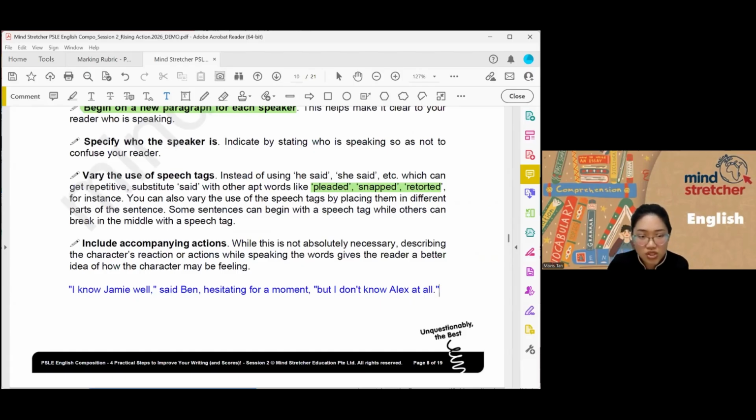Okay, look at this structure. This particular structure includes an action and dialogue tag in between. Why is it small letter B? Because the sentence hasn't ended. If now I want to change this sentence, it will just be, I know Jamie well, comma, but I don't know Alex at all.